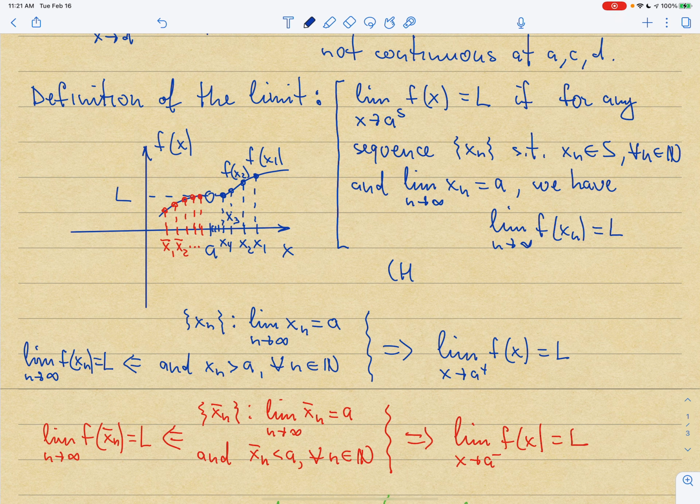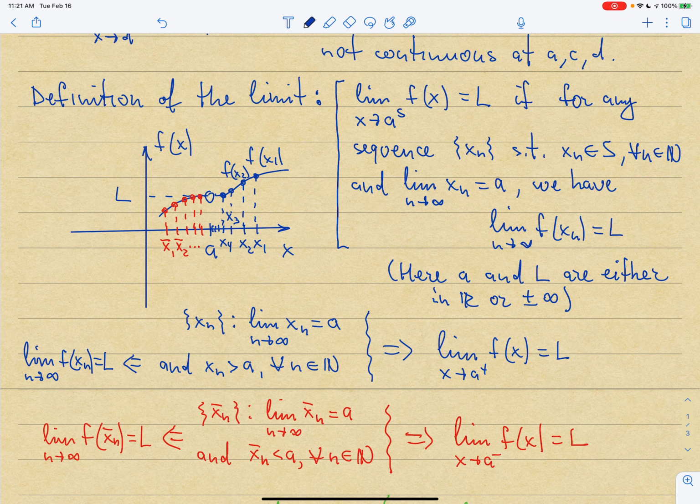So here A and L are either in R or equal to plus or minus infinity.